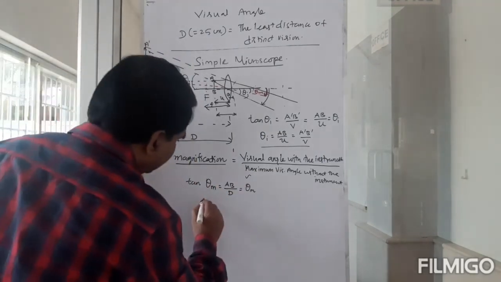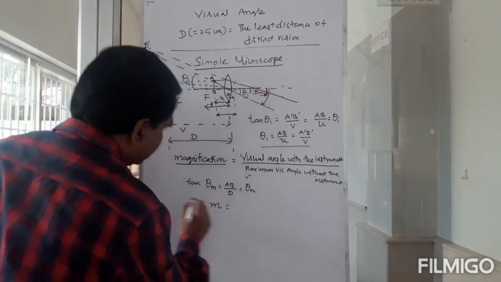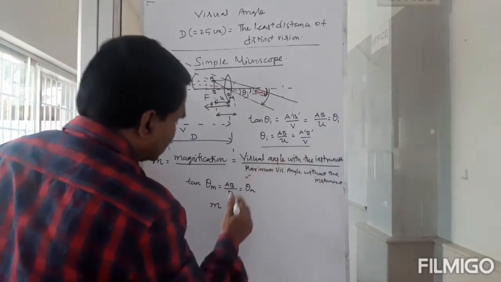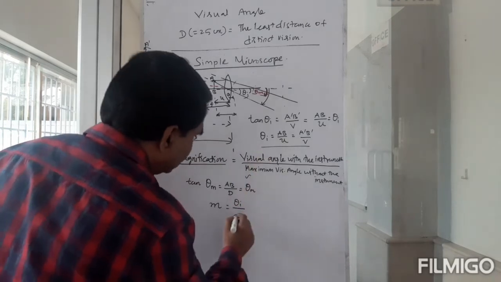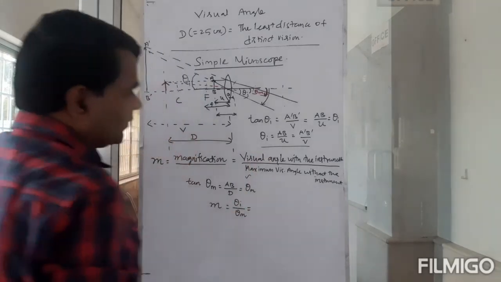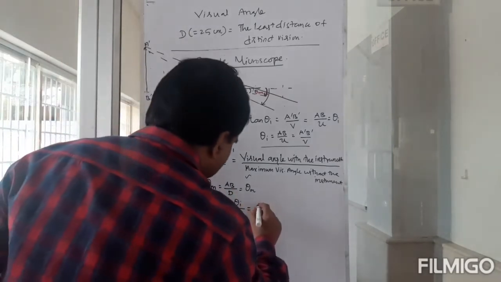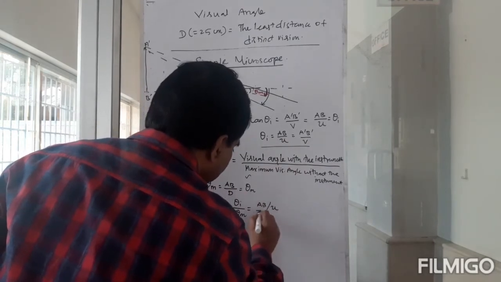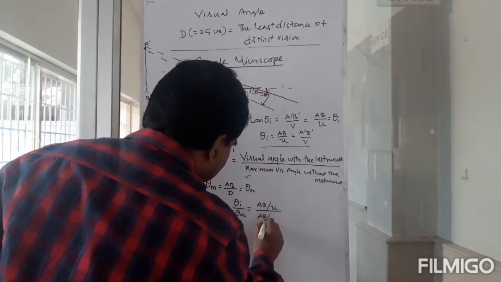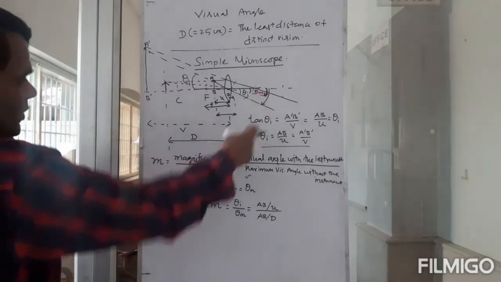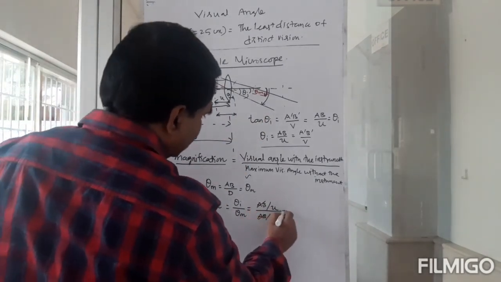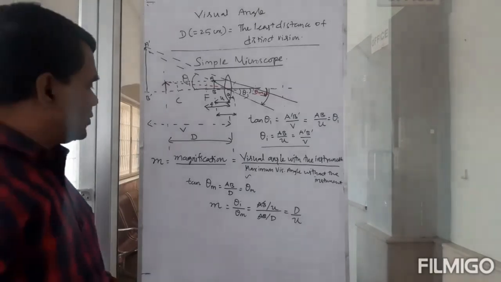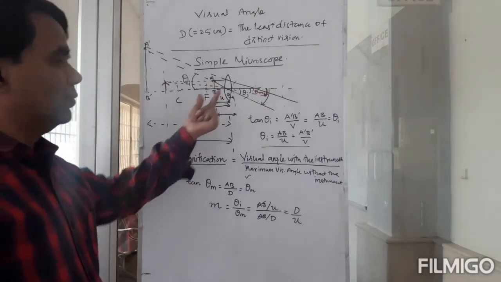So the magnification m is given by the visual angle with the instrument, theta I, divided by theta m, and that is equal to AB by U divided by AB by D. Now we can cancel AB, and I'm going to get D by U. So the magnification is always D by U, where I kept it.